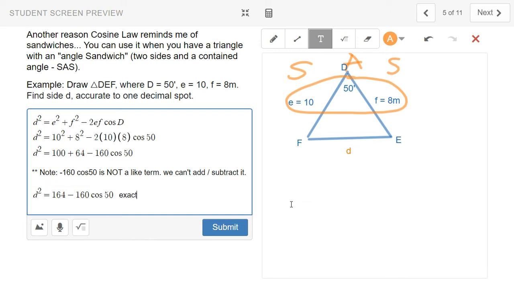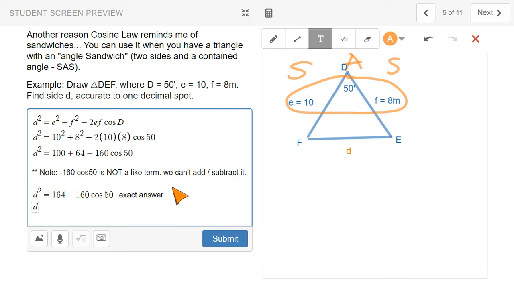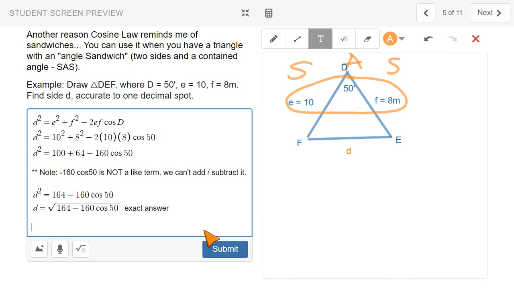Now we have to take the square root of it to get the exact answer. The square root of 164 minus 160 times cosine 50, and this is our exact answer.